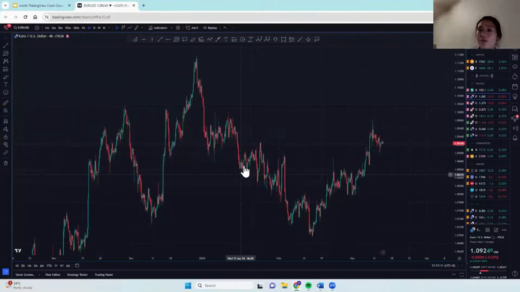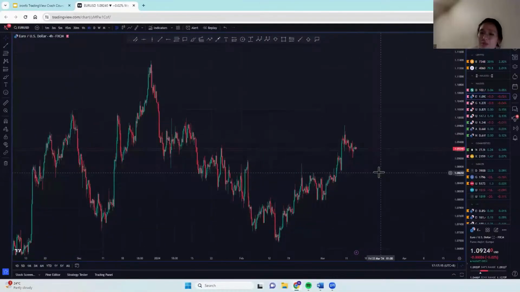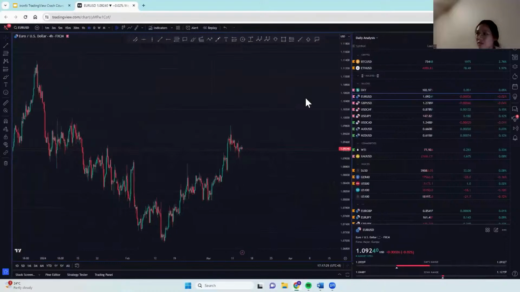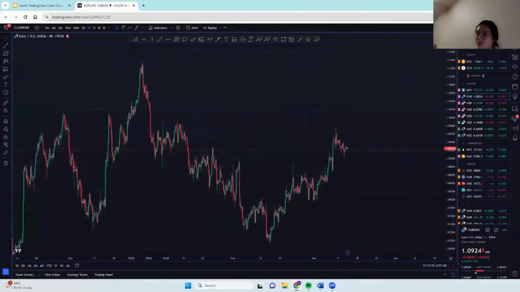So for euro dollar, maybe to start off with the basic functions, as we went through in our slides, the watch list is over here. Click on it and you can add some more symbols to your watch list. Can be cryptos, commodities, currencies, really anything.